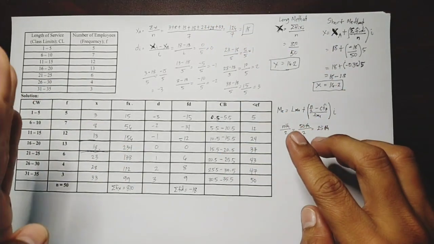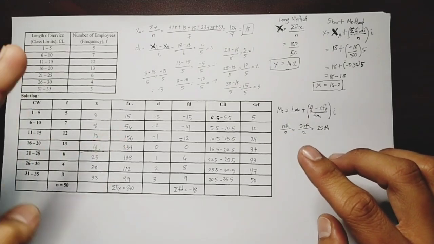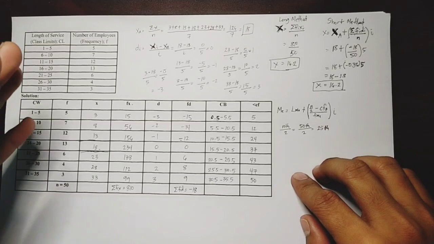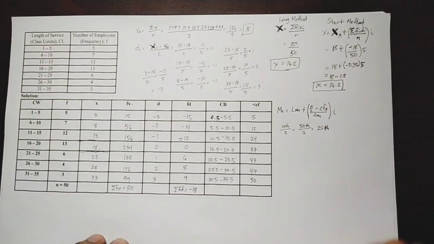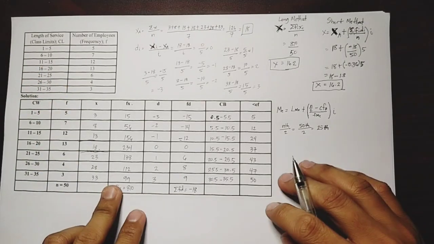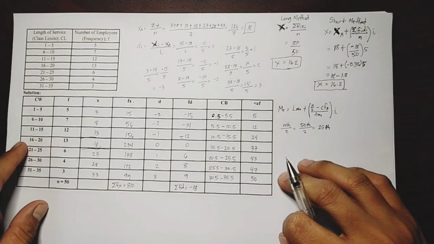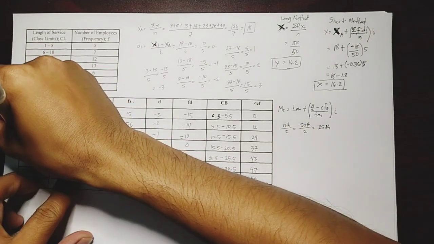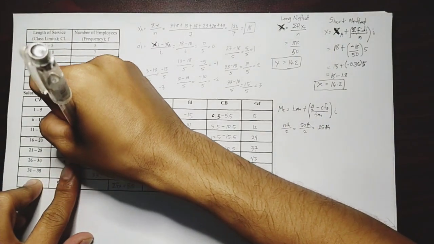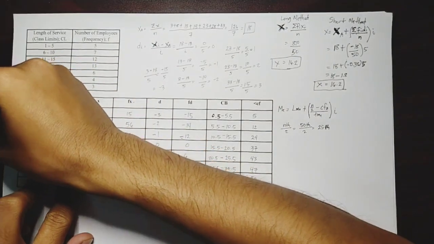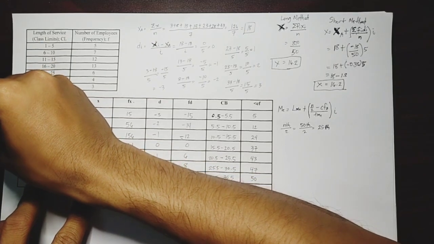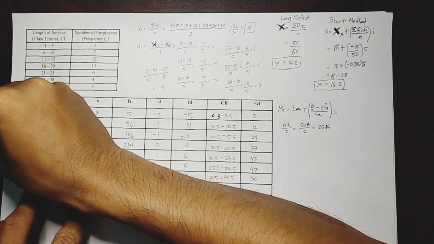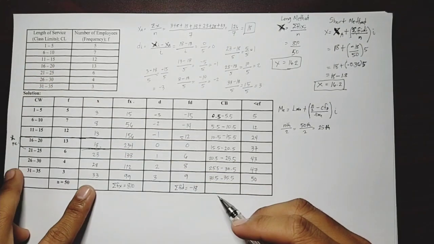Okay, 24th term pa lang yung dito sa 11 to 15. So, ang hinahanap natin ay yung 25th term. Saan siya pasok ngayon? So, syempre, dito na kay 16 to 20. Okay? So, here is our 16 to 20. Andito kanina yung ating mean class, ayan yung x bar, and andito din yung ating median class.